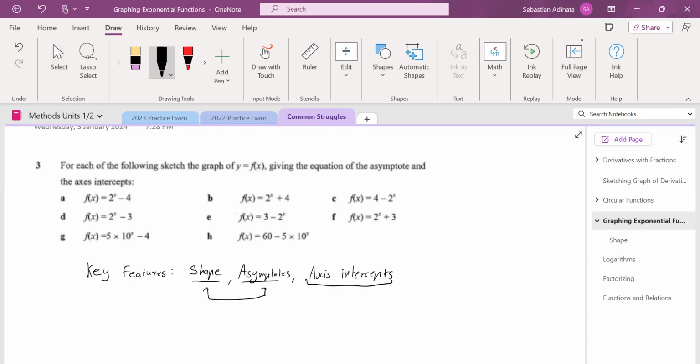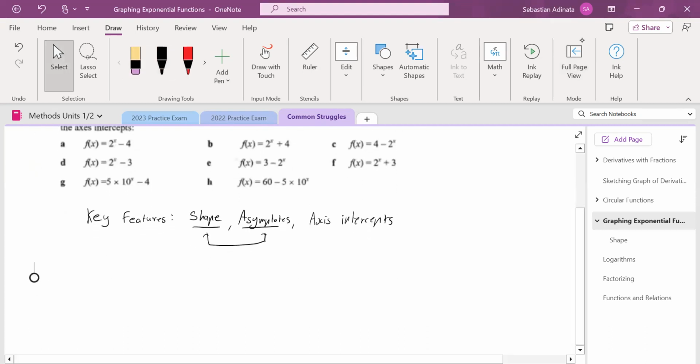However, not all of them have an x-intercept. They will always have a y-intercept though, that's when x equals 0, which always exists. y equals 0 doesn't always exist. So quickly, we're going to go into what the shape looks like.